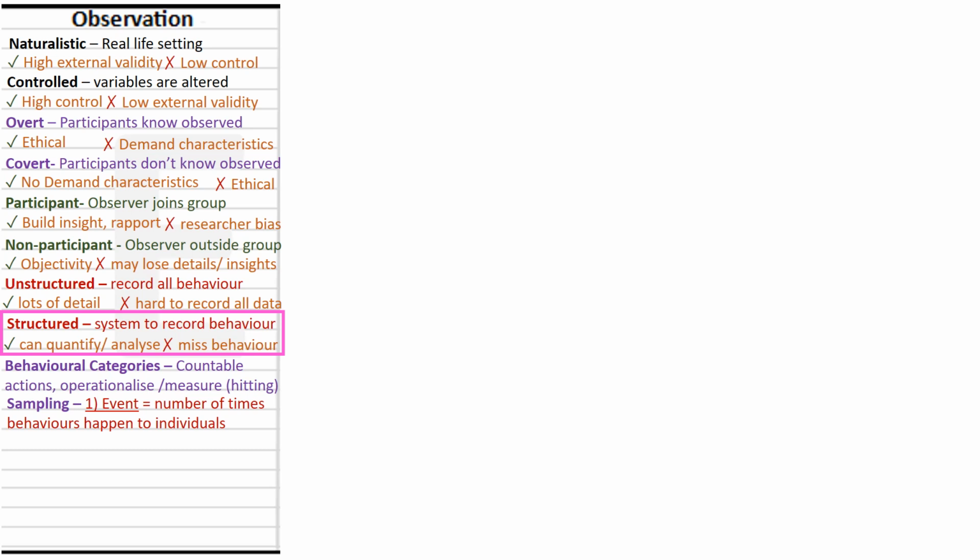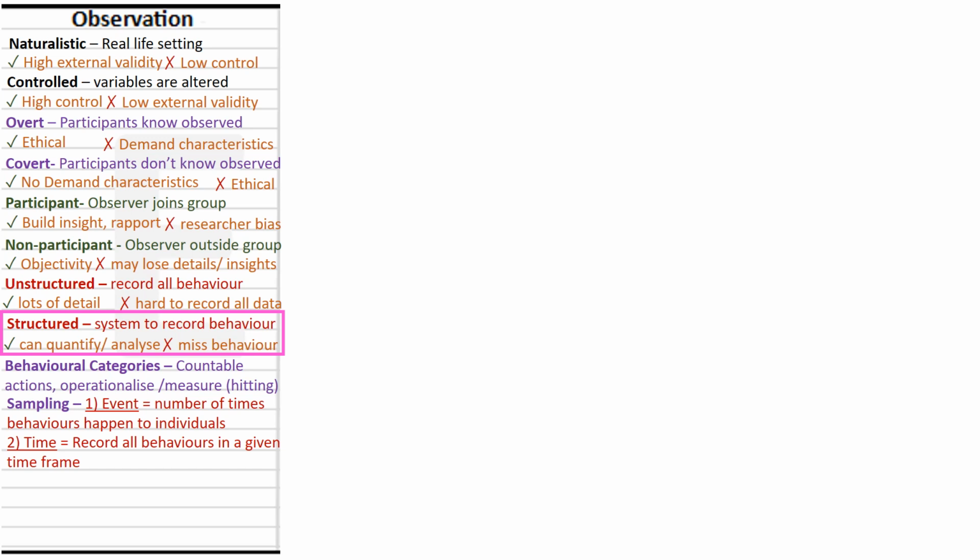Whereas there's something else we could do as well. We could do time-based sampling. So we could say, every 30 seconds, I'm going to write everything that I've just seen that's happening at that moment. And we wait another 30 seconds, well, what do we see now? Or maybe it can be every 5 minutes. We wait that time, I'll record what's happening at this moment, and so on. So two very different ways of recording behaviours, linked differently to structured and unstructured observation.